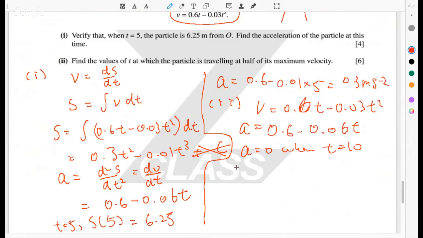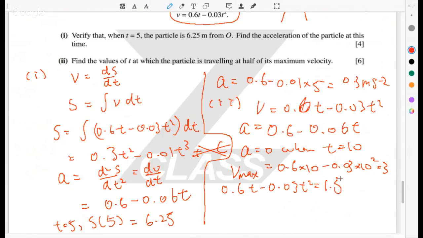So plug t equals 10 back into the equation for v. We'll know that v max is equal to 0.6 times 10 minus 0.03 times 10 squared, and that will give you 3 meters per second. And we now use the equation that 0.6t minus 0.03t squared is equal to half of the maximum velocity.